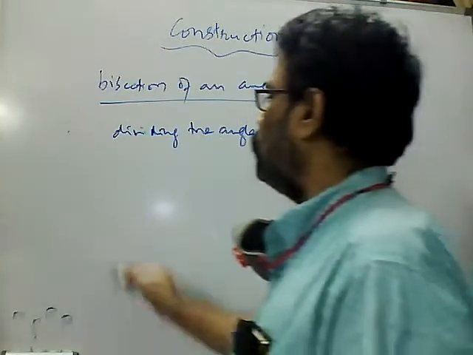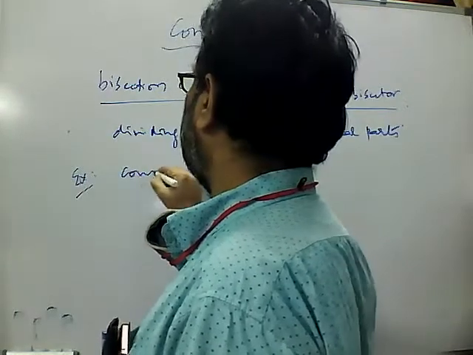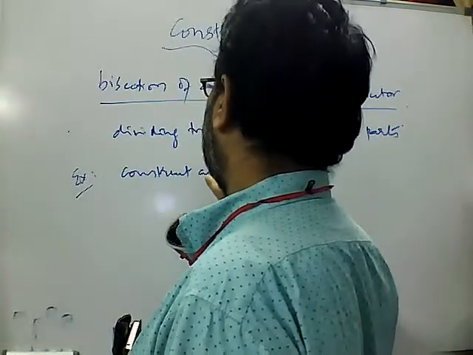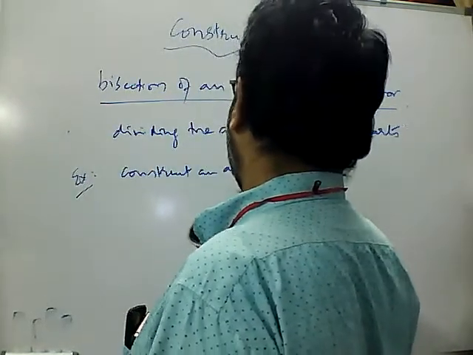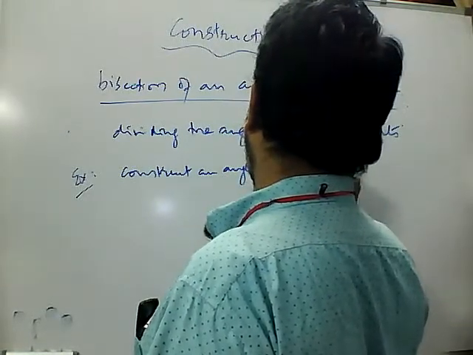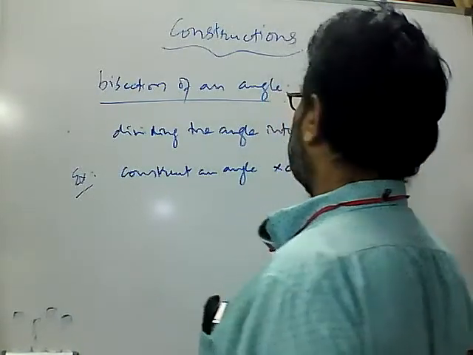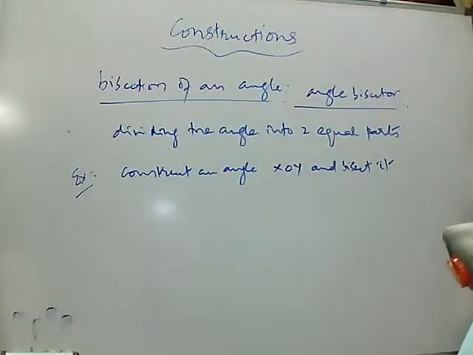So I'll give an example. Construct an angle XOY and bisect it. This is your task. Already I told you, your angle construction must be with ruler and compass.